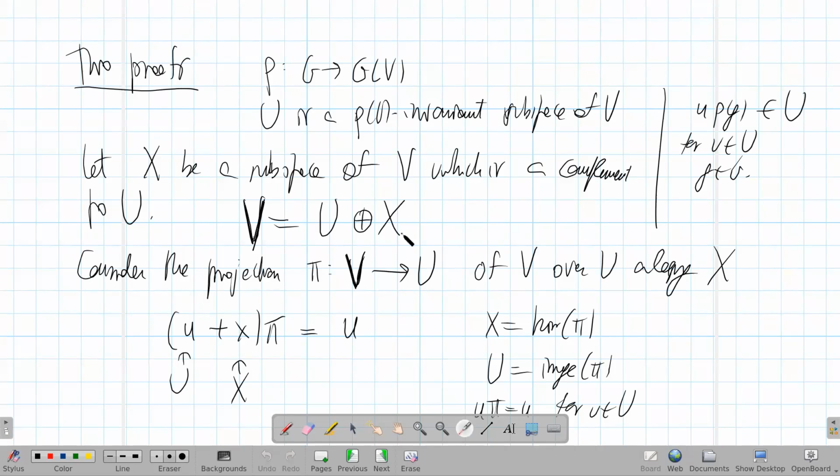Of course, this being a direct sum, there is a unique way of writing any element of V as a sum of an element of U and an element of X. And so X is the kernel, U is the image. And of course, pi restricts to the identity on U.